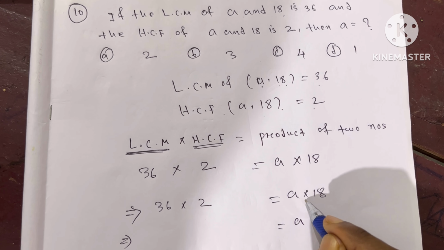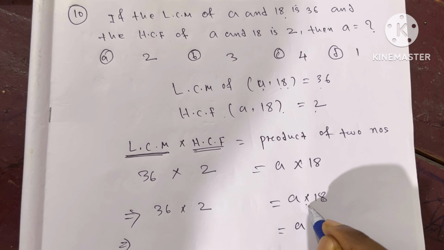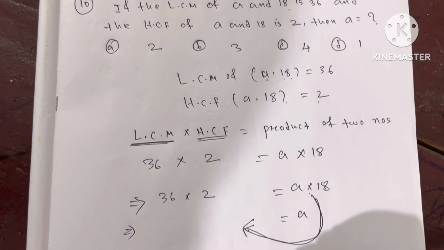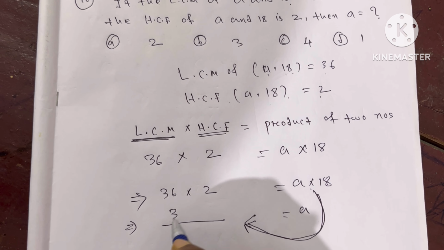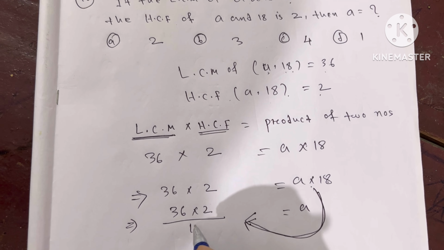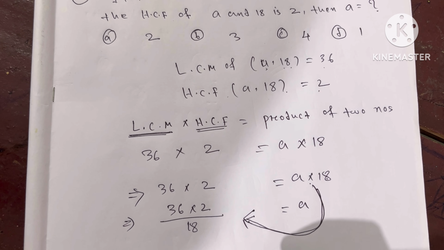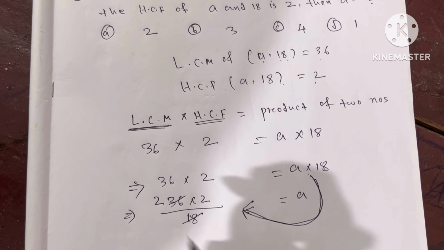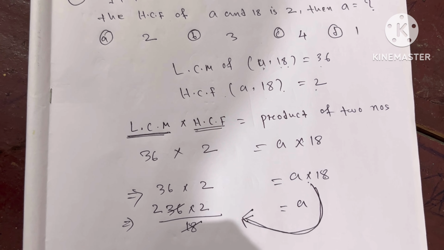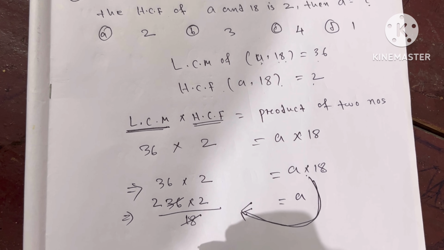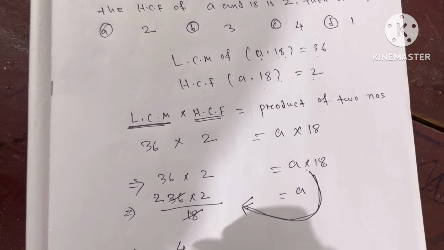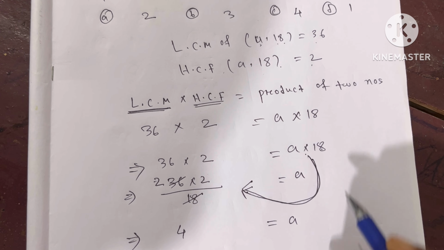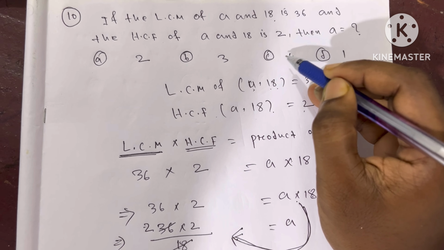Between a and 18 there is a multiply symbol. If you transpose this multiply symbol to the left side, multiply becomes divide. So first you write 36 into 2 divided by 18. Now you cancel using the cutting method: 18 into 18, 18 into 36. After cancelling 36 by 18, you get 2, and 2. So 2 into 2 is 4. That means the value of a will be 4. So option C is correct.